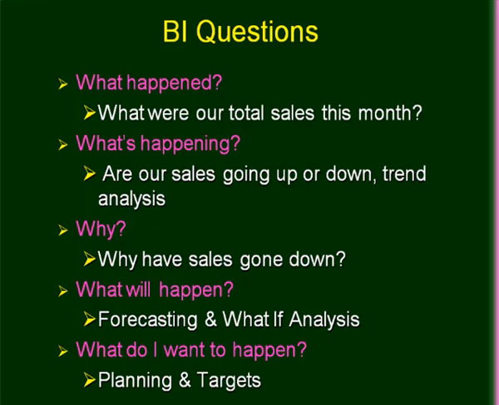Reasons for happening is again a question. Right? What will happen? Forecasting. Then what do I want to happen? Planning. You have to meet the targets. If you want to meet the target, you have to plan. Right? So these are called demand oriented questions. Such questions can be answered very easily using BI.